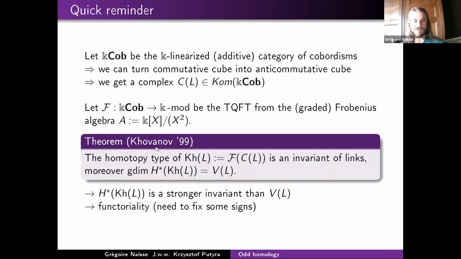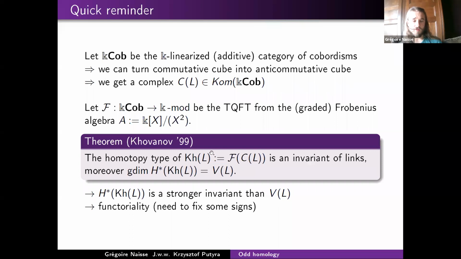Okay, and so the main result of Khovanov somehow is that the homotopy type of the complex you get after applying this TQFT on your complex of cobordisms is an invariant of links. And of course, because of the way we constructed this complex, its Euler characteristic is exactly the Jones polynomial. And now maybe you are thinking, but why should I care?